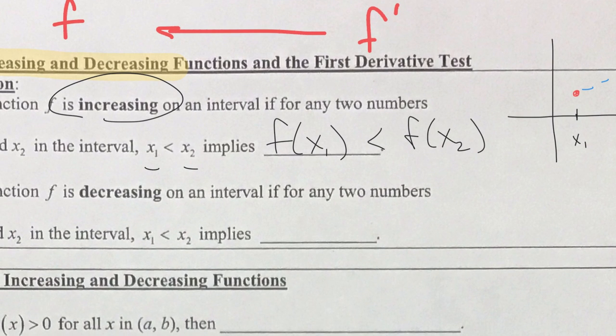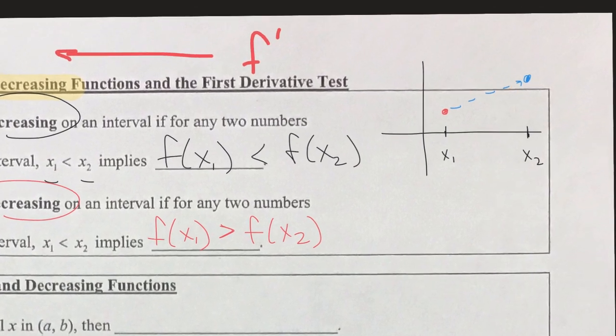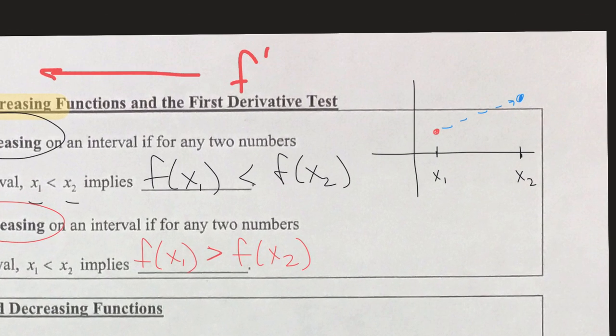Okay, and then if we have a decreasing function, then of course that implies that the first thing, f of x1, is going to be greater than the y value of your second x value. Okay, and that would look like this. If this is f of x1 now, and then f of x2 is here, now we have a decreasing function.